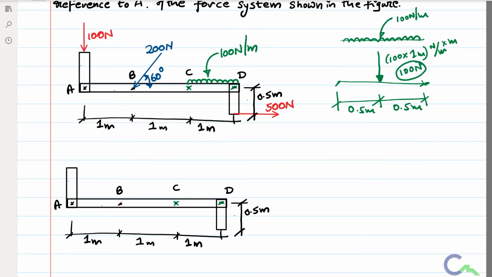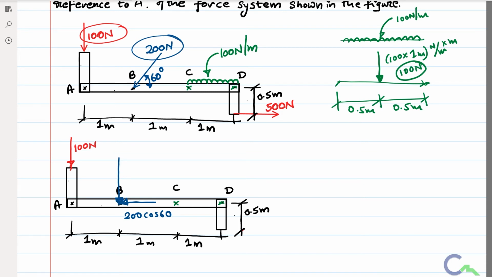Now I am going to resolve these forces, then draw the free body diagram. The first force, that is 100 Newton, is acting exactly vertical, so directly I can take 100 Newton, there is no horizontal component. The 200 Newton force, the angle is given with respect to horizontal, therefore the horizontal component of the force is 200 cos 60. If I resolve this force in the vertical direction, it is going to act downward.